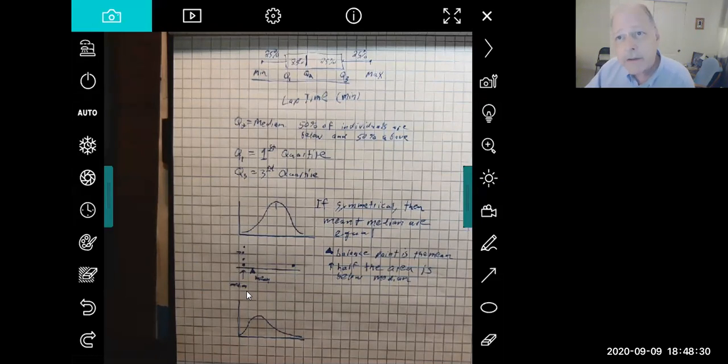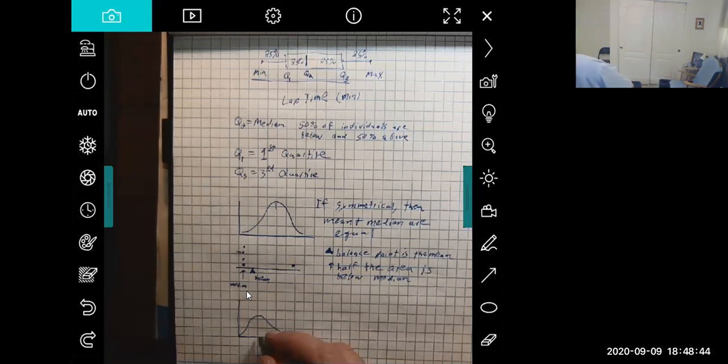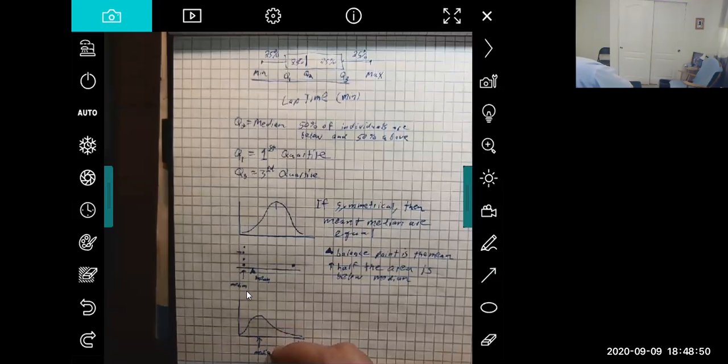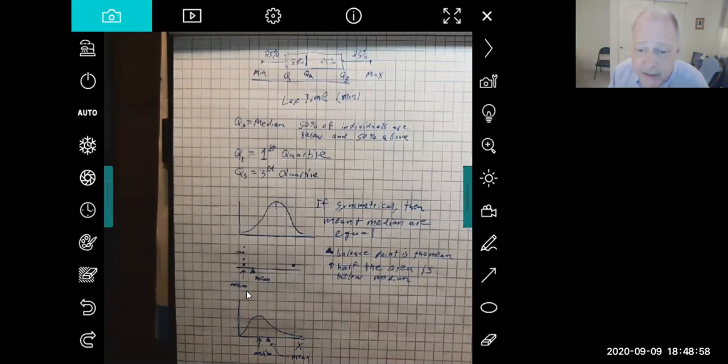It goes far to the right because the individuals have far out x values, but it's short because there's not very many of them. And so what that does is it sort of leaves the median alone.